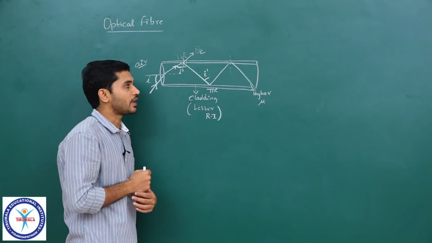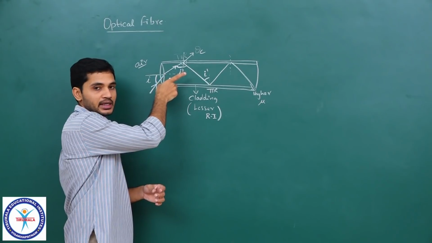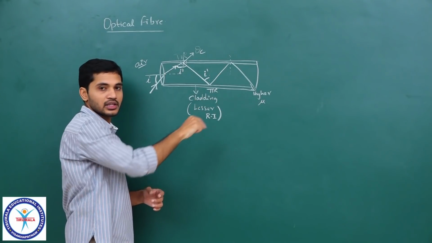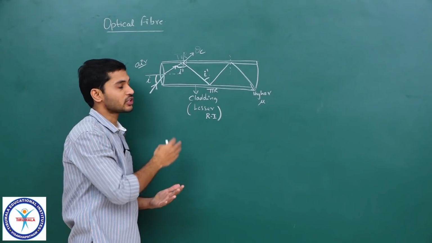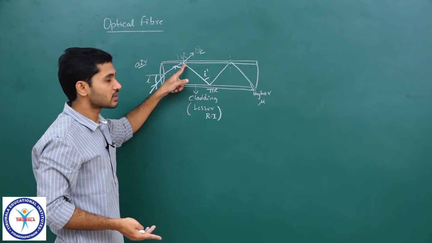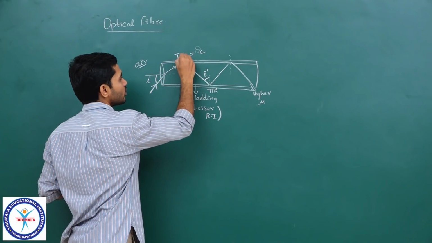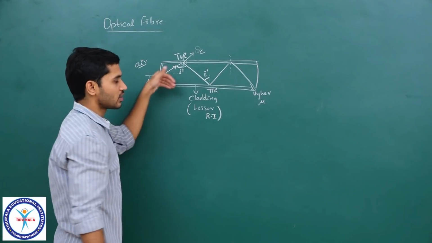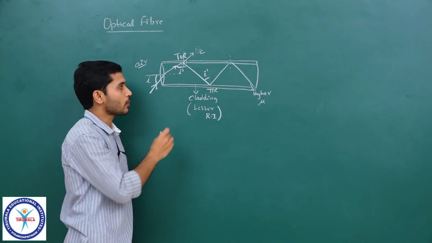And you know that whenever total internal reflection takes place, 100% of the light gets reflected back. Clear? There is no loss of energy to the surrounding medium, there is no refraction occurring. That is the reason why we call it total internal reflection. So, that is what happens in this scenario.